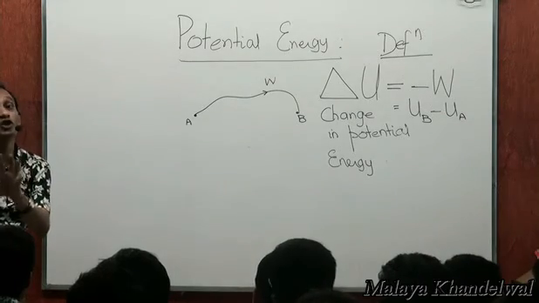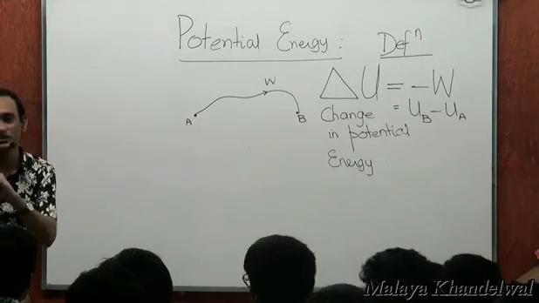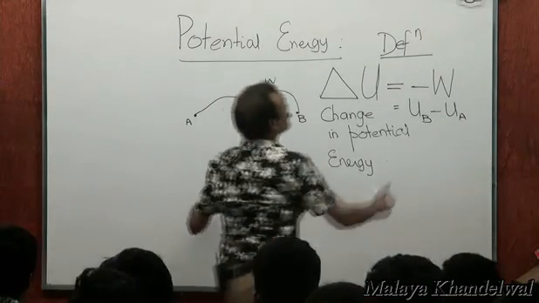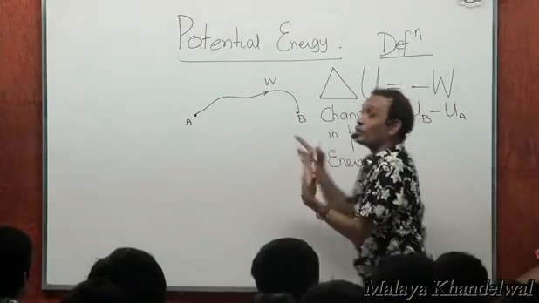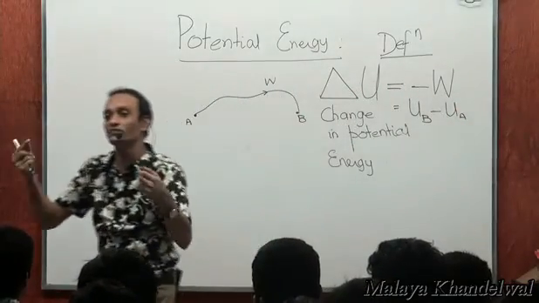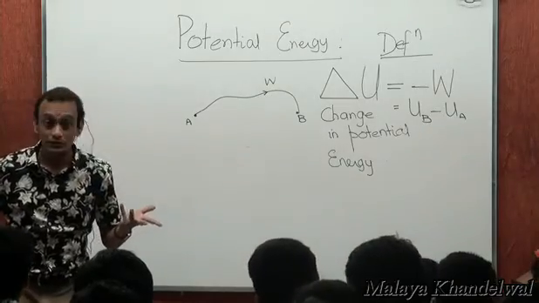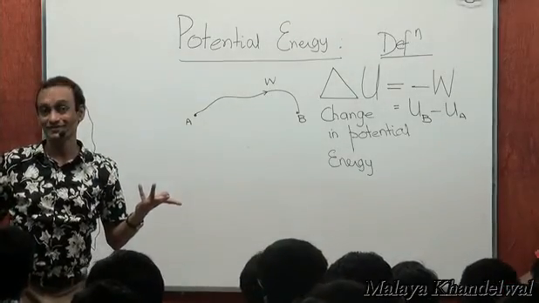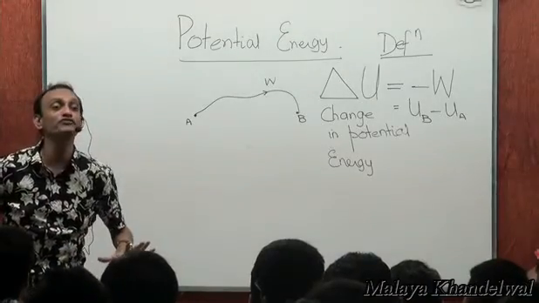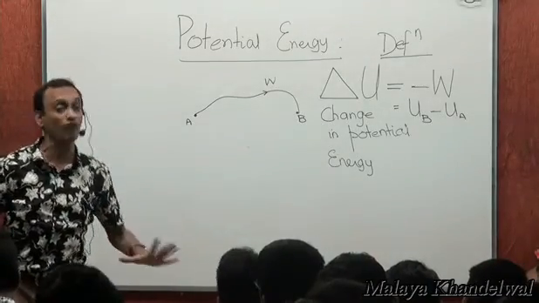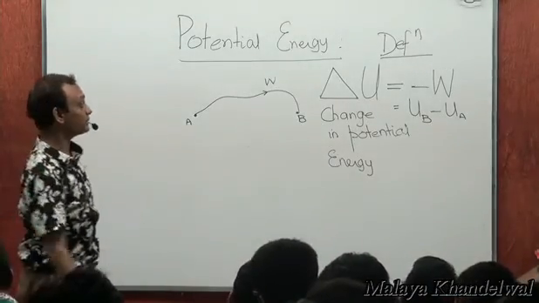See, in a non-conservative field, this couldn't have been defined this way. Why? Because this W would be path dependent. That means UB minus UA will depend on the path. Potential difference between 2 points will depend on the path. That's not what we want. That's why the whole concept is not even defined for non-conservative fields. It's defined only for conservative fields, right?